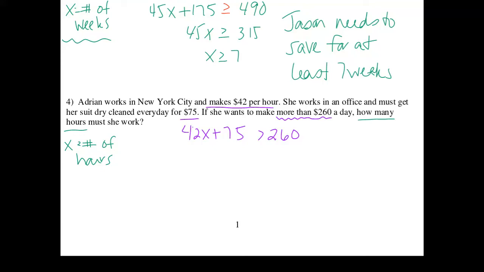Well, that means she's making $42 per hour, so that's $42 into her pocket every hour. If I add on 75, that means that when she goes to get her suit dry cleaned, they're actually paying her an additional $75 every day. Does that seem logical to you? It shouldn't. So actually, contrary to sometimes popular belief, we have to subtract the 75 because 75 is a deduction of her daily income that she has to take care of every day.